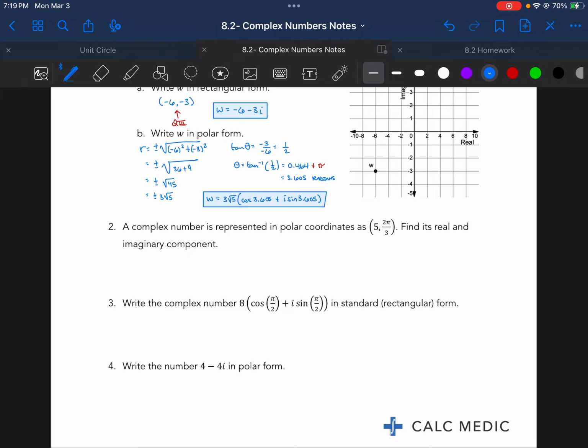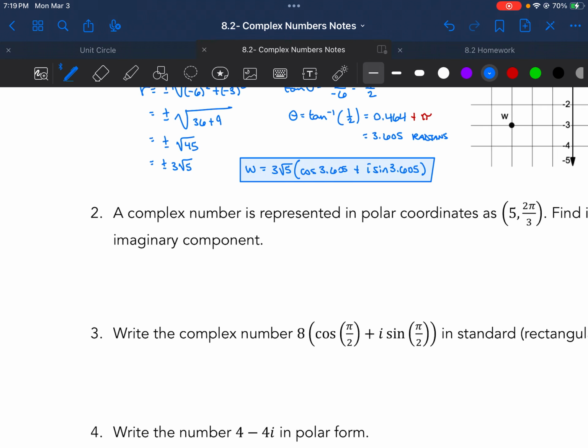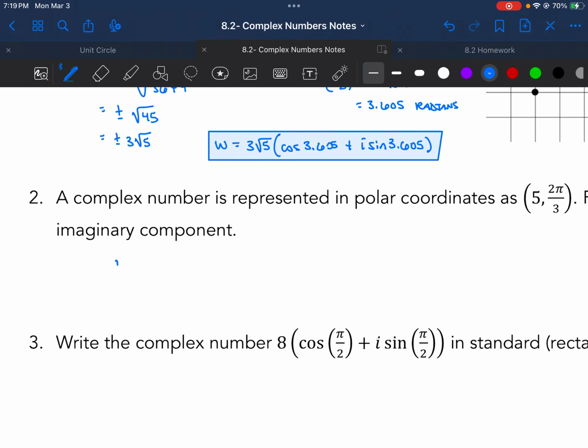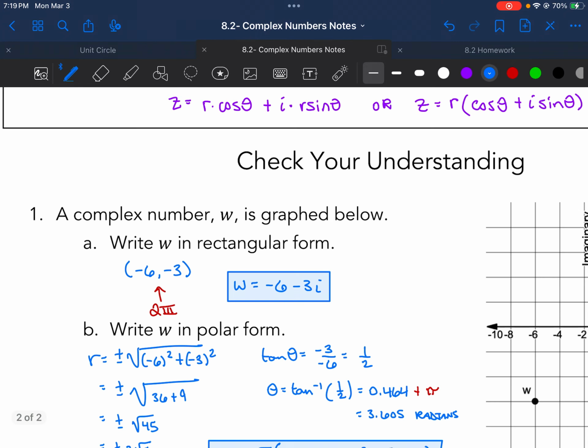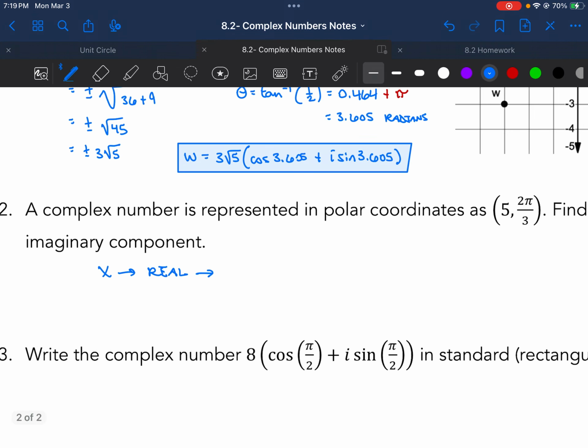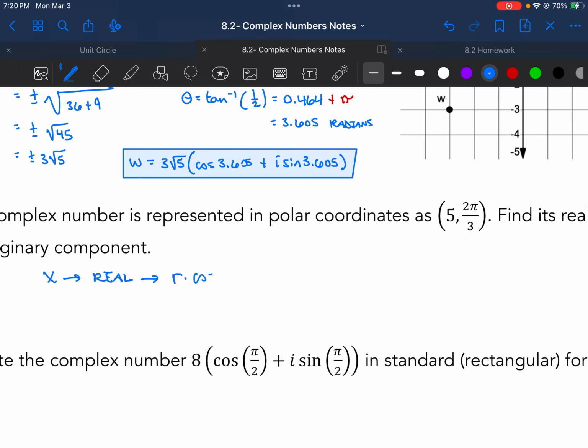So just like previously, polar to rectangular, x is representing the real, because as a rectangular coordinate, the x value represents the real, the y value represents the imaginary. So x, which is representing the real component, is r times cosine of theta, which is 5 times cosine of 2 pi over 3.